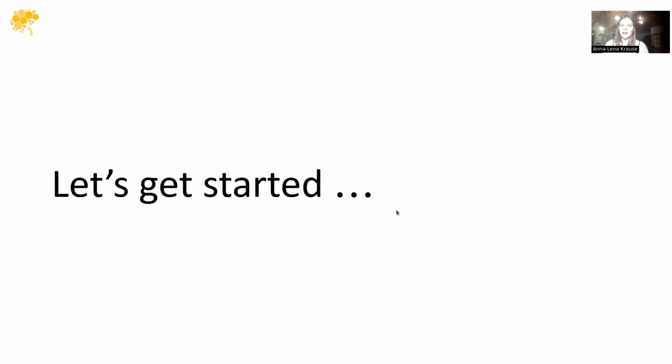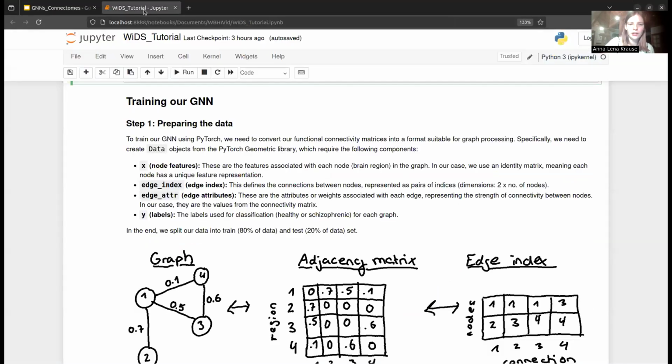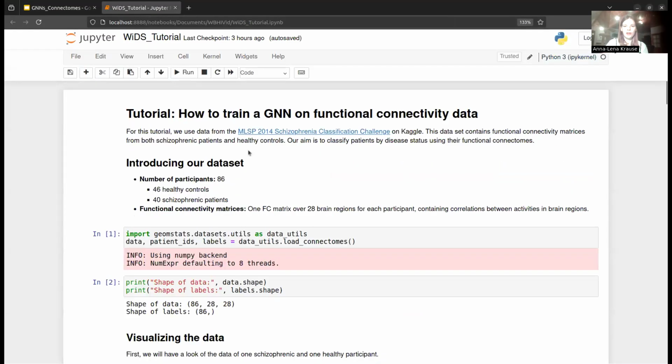So then let's get started with our tutorial. I'm just going to open a little Jupyter notebook that I have prepared here. And so yeah, this is going to be a little tutorial on how to train your own graph neural network on functional connectivity data.